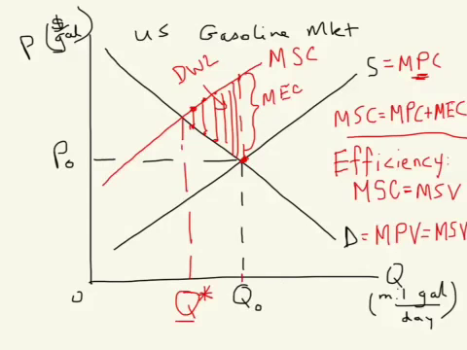So notice what's happened here in the presence of negative externalities. Our conclusion that the market level of output, even if gasoline were sold in a perfectly competitive market, was efficient is out the window.